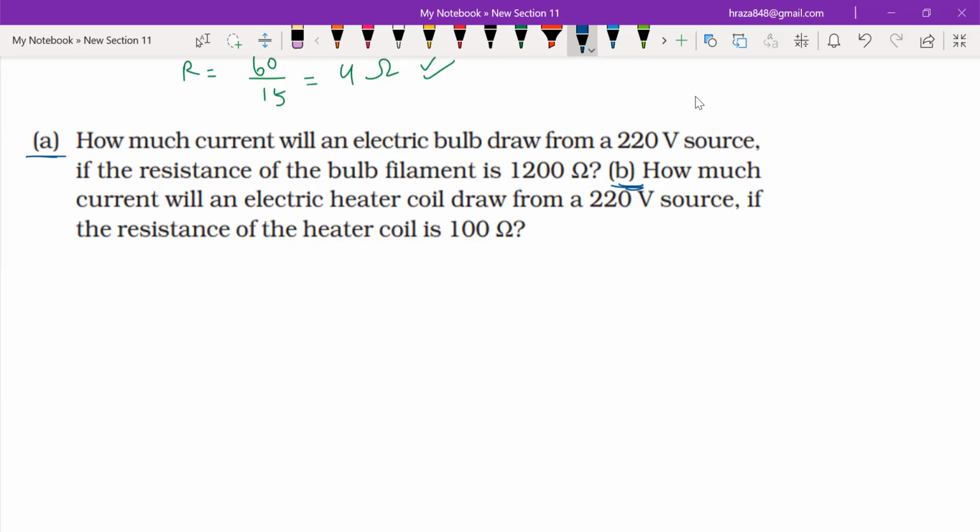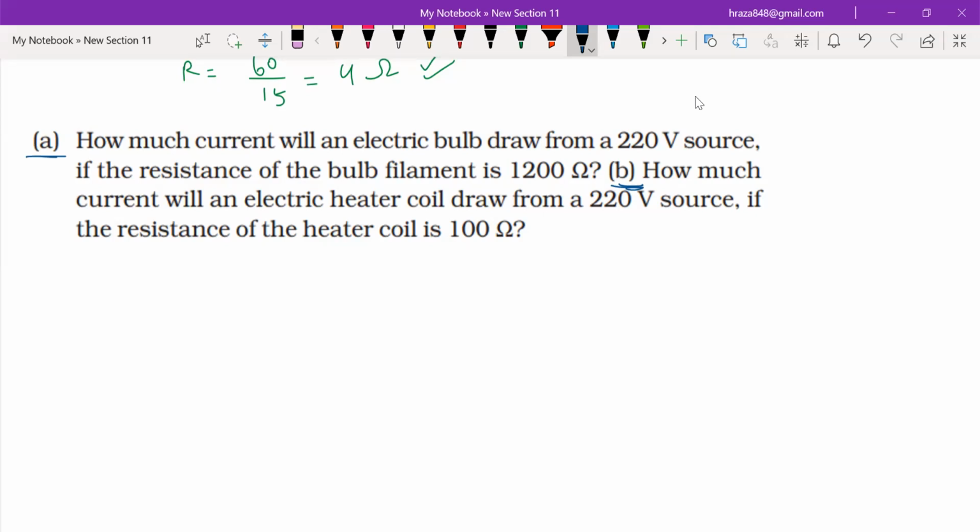You can read it. We have to find current in both.